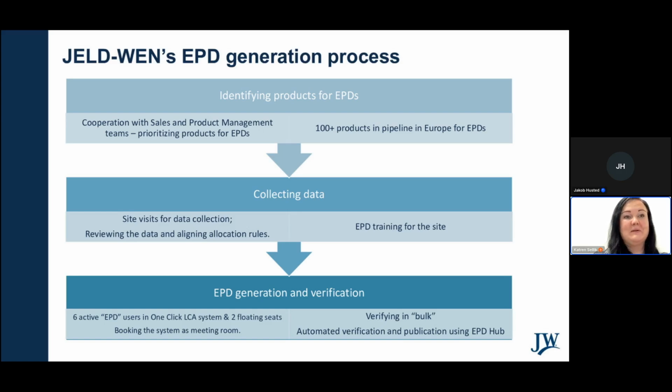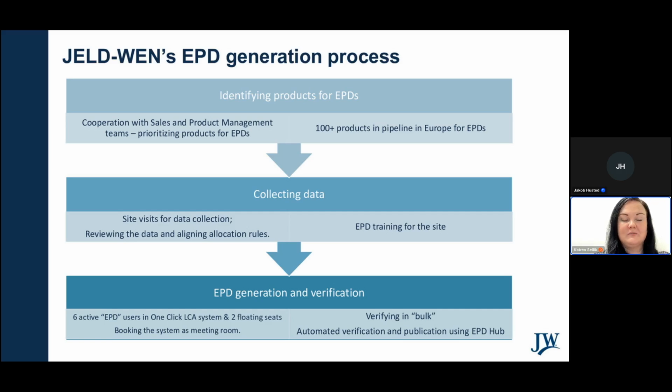So we are very well aware that we need to act fast and work with the same focus that we have right now, to cover the products before we need to start updating the existing EPDs. So yeah, we have quite a huge scope ahead of us.